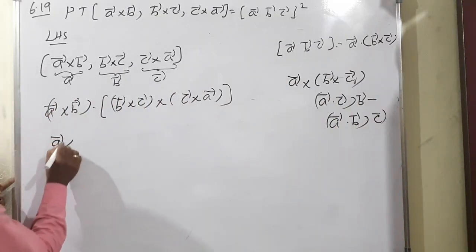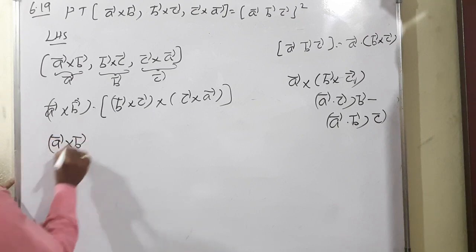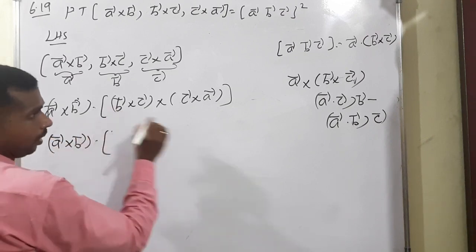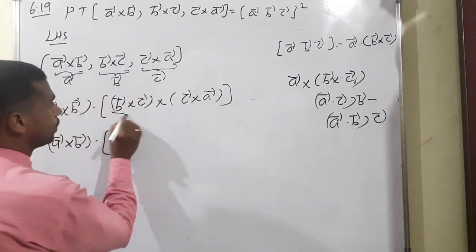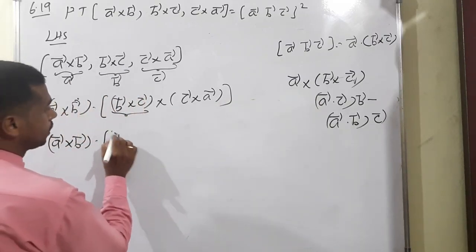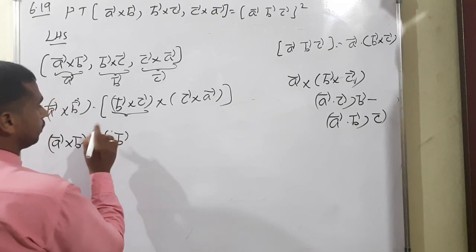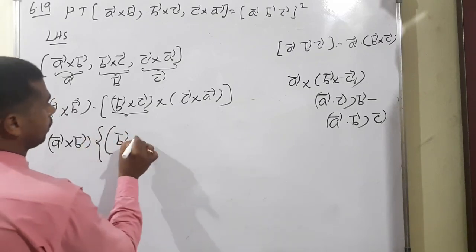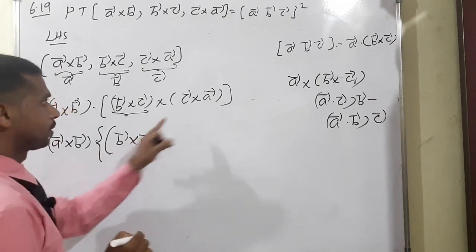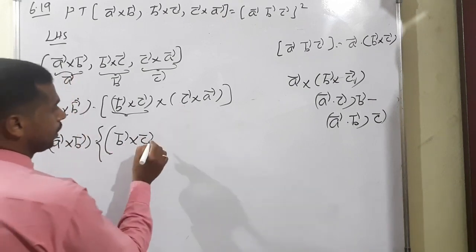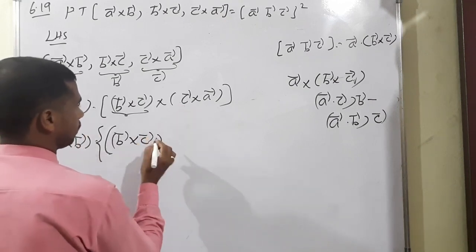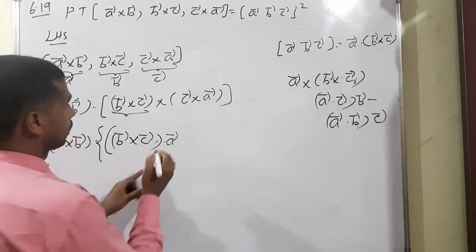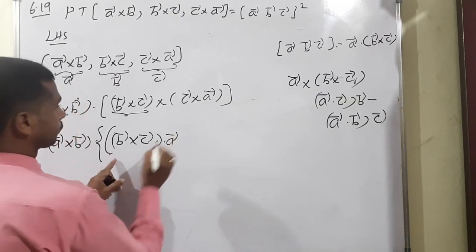So A vector cross B vector as it is, then dot inside, just isolation. This is called only outside of the term. This is one of the single terms. So B vector cross C vector means, we have to skip C vector. C vector means A vector dot A vector, then outside what will happen?